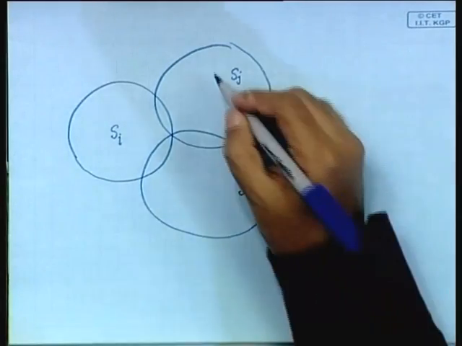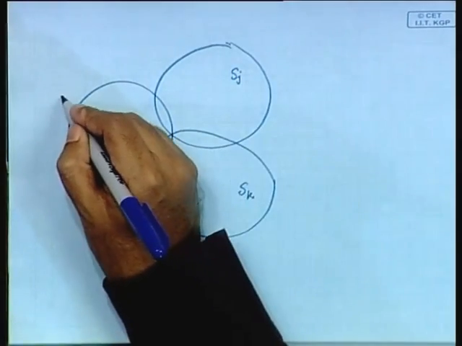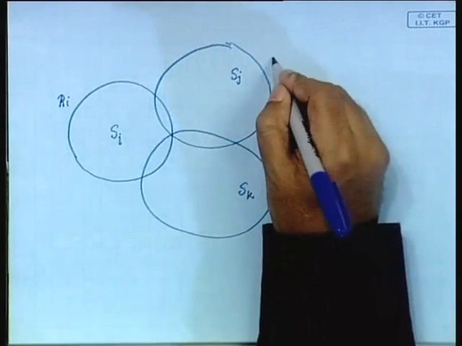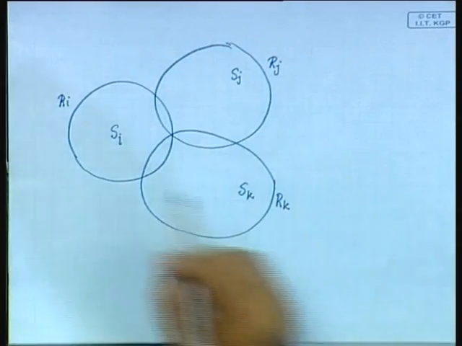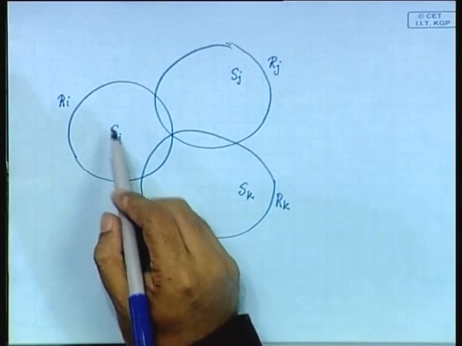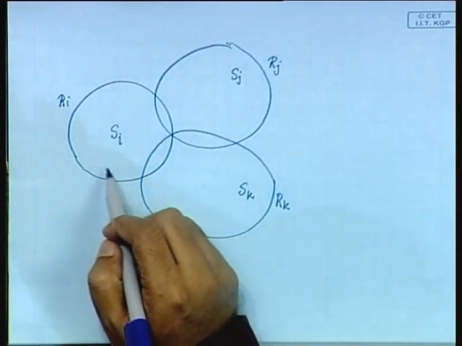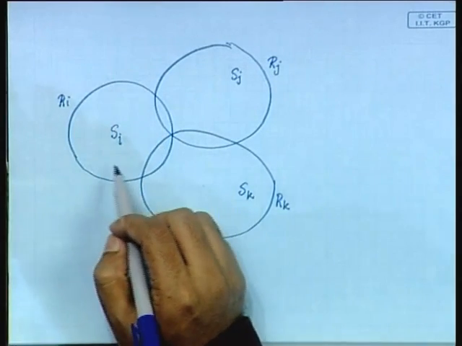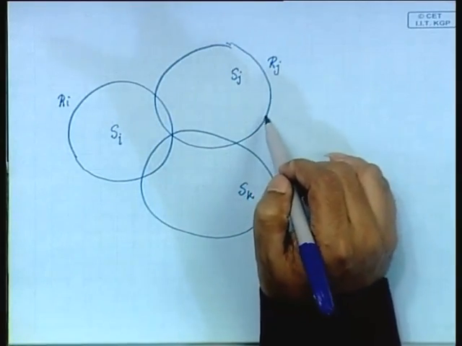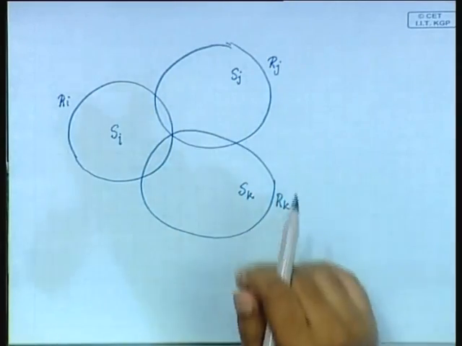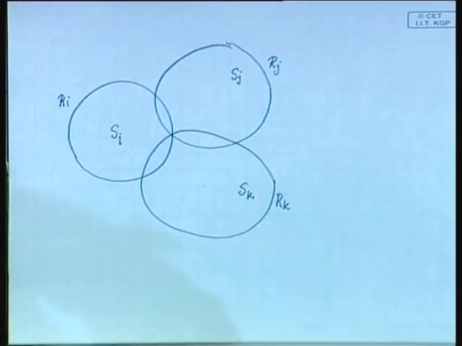Now, remember that these request sets are Ri, Rj and Rk. So, in order to enter the critical section, Si must take the permission from all nodes in Ri, Sj must take permission from all nodes in Rj, and Sk must take permission from all nodes in Rk.